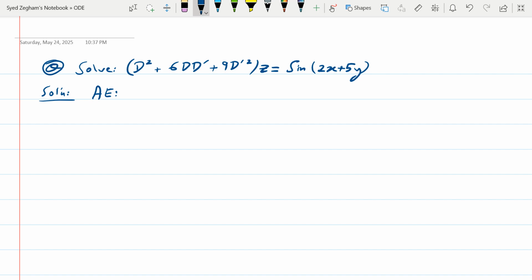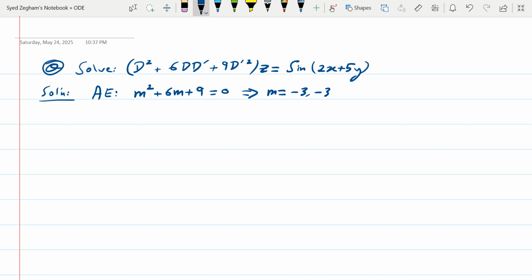So if we do that, we will get the equation m square plus 6m plus 9 equal to 0, and from here you will get repeated values of m, that will be minus 3 and minus 3, right? So you are getting both values as minus 3.